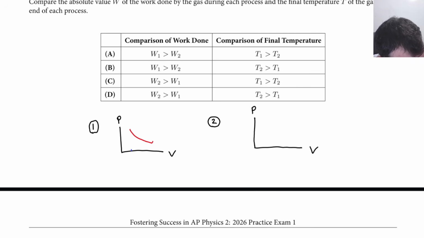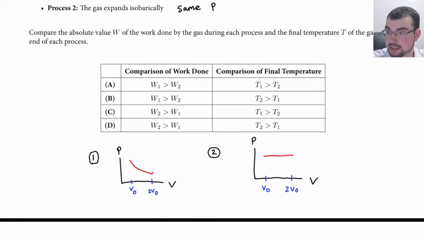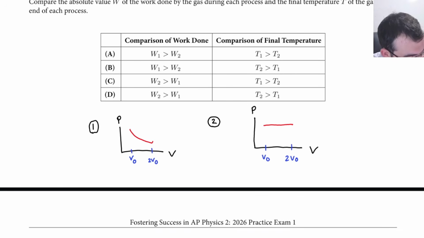So like we'd know this was V0, this was 2V0. And then for my isobar, constant pressure, so I can't change. So that's a flat horizontal line. So the work done is the area under the curve. So notice, if we try to take the area under these, it's clear that the isobaric curve just has more area because the graph is always taller. So we know the work done is actually greater in the second case, so W2 is bigger.